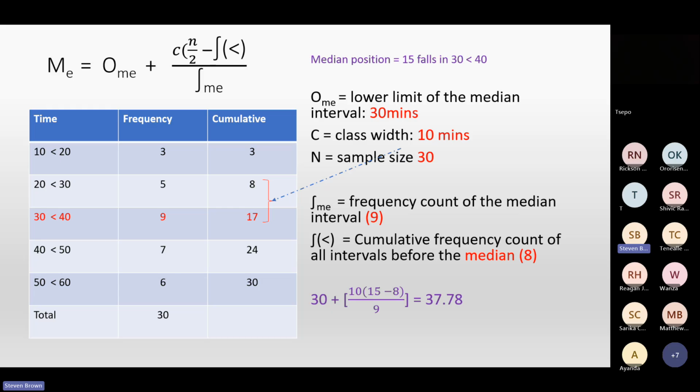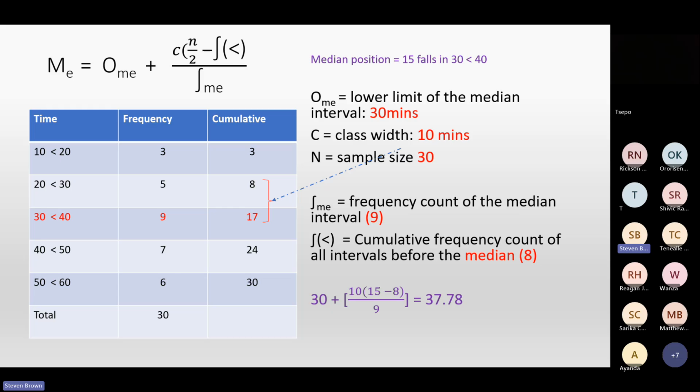So now you can immediately go to the lower limit of the median interval, which is 30. So now you can stick 30 in there. Plus, but you don't do anything else at this stage. Remember, this is a separate calculation to that. Now you can go in and go fairly quickly. C is an interval width of 10.